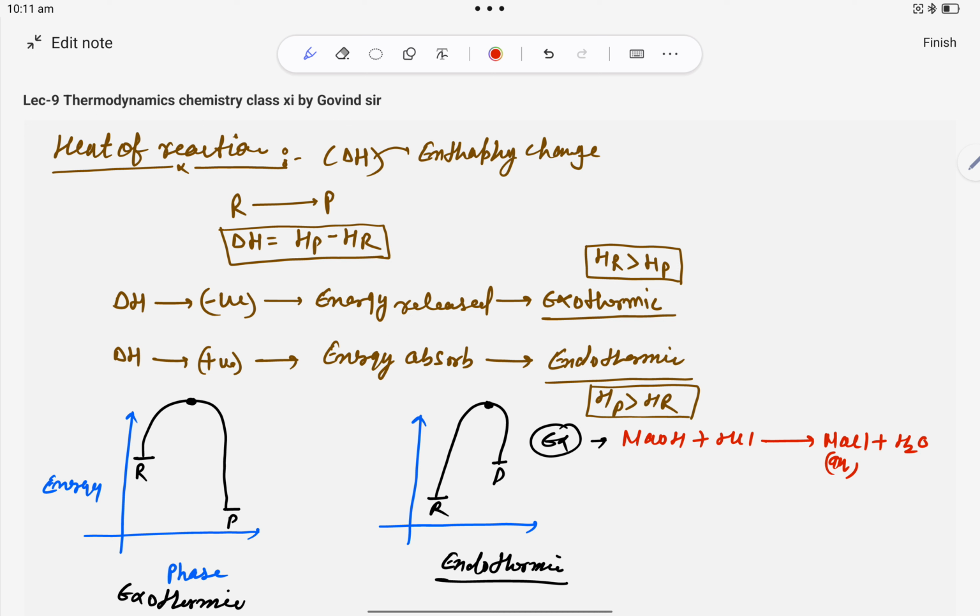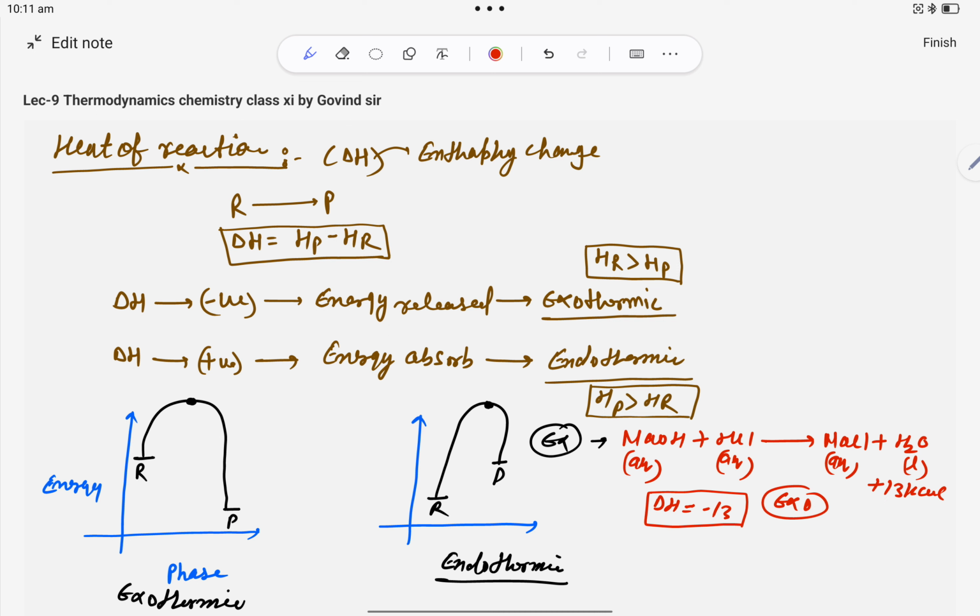NaCl aqueous, this is liquid, they also in aqueous state, and here plus 13 kilocalorie. So that means delta H value is minus 13. Minus 13 means it is releasing 13 kilocalorie energy. So this reaction is exothermic, children.